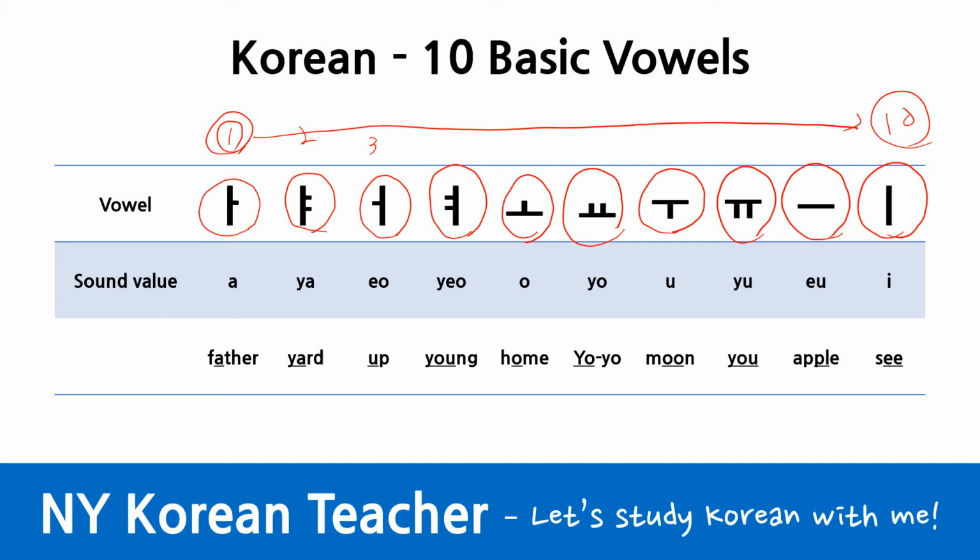Alright, one more time. Okay, 따라하세요. 아야, 어여, 오요, 우유, 으이. Alright, good job. I'm gonna be explaining more in detail about this. Alright, let's go to the next page.